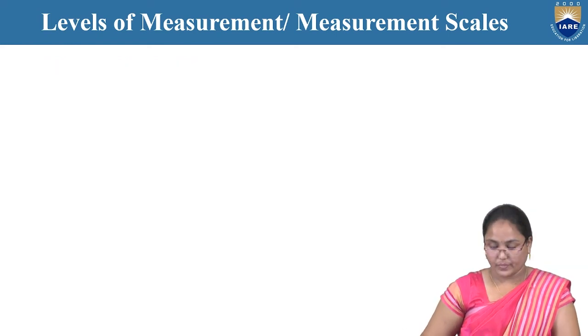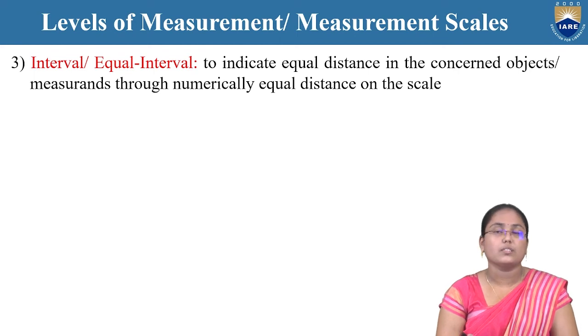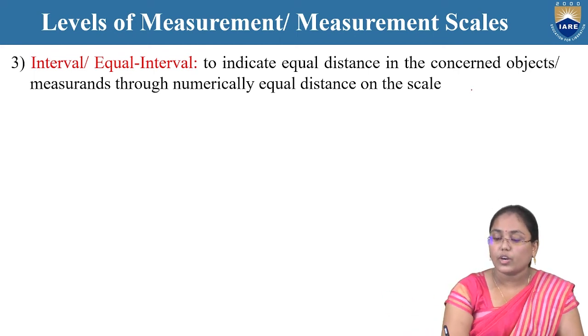The next level of measurement is interval or equal interval type of measurement. That is to indicate equal distance in the concerned objects or measurements through numerically equal distance on the scale. Now here, player 1, player 2, player 3 are there, right?